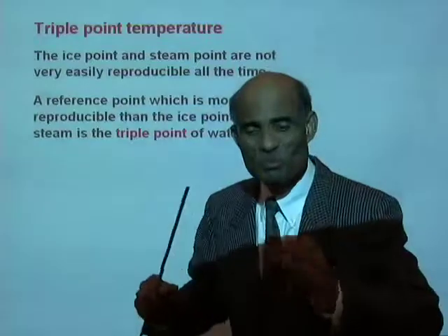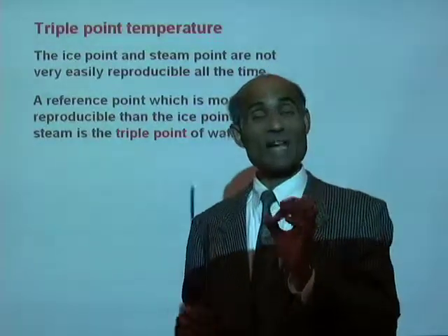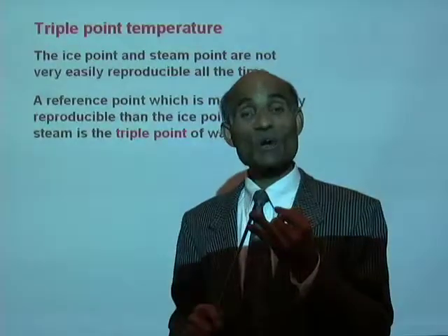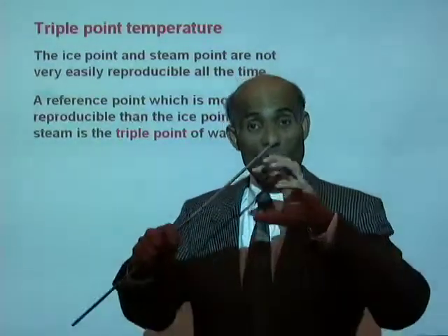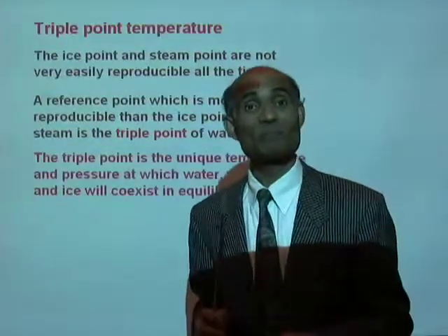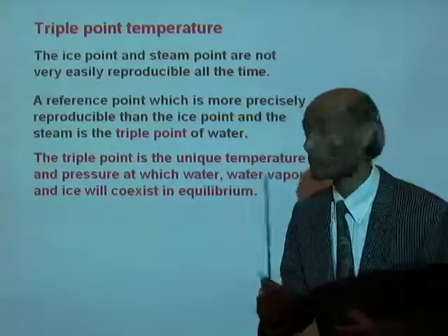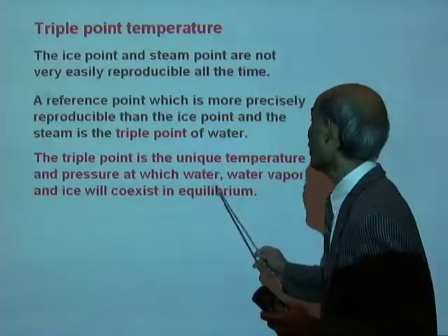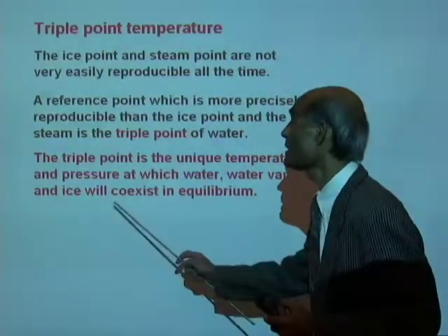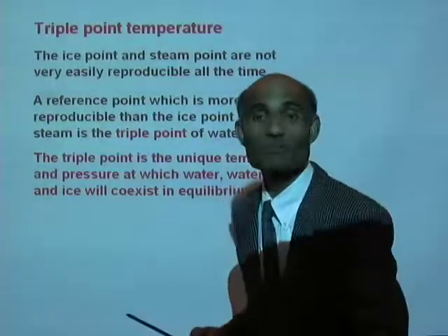Now, what is the triple point of water? Do you know that water can exist as solid, liquid, and vapor all at the same temperature? Have we ever seen that? The triple point is the unique temperature and pressure at which water, water vapor, and ice will coexist in equilibrium.